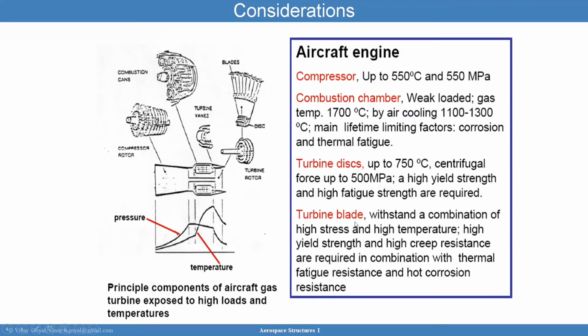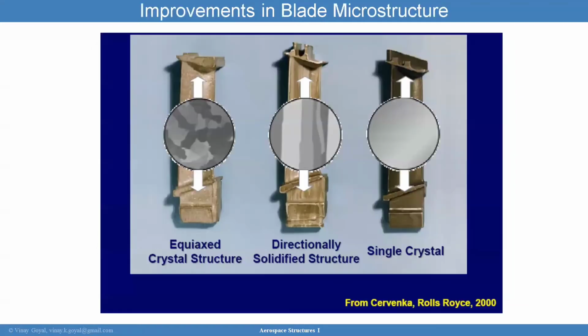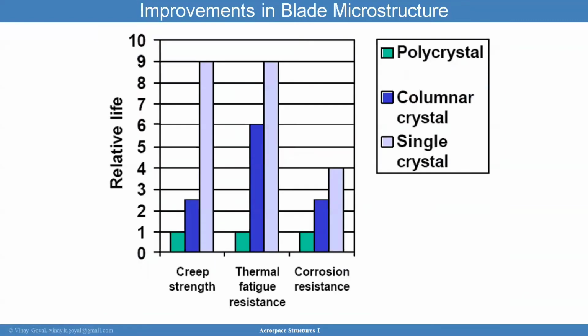And the turbine blade is actually highly complex. The failure modes could be cracking. You have high stress, high temperature, high yield strength, high creep resistance, and so forth. So again, using materials that are the right ones. People at Rolls-Royce, for example, and across the world, are internationally looking at improving materials because if you can get to a single crystal material, you can increase the performance of the blade microstructure and really have good strength and everything else.